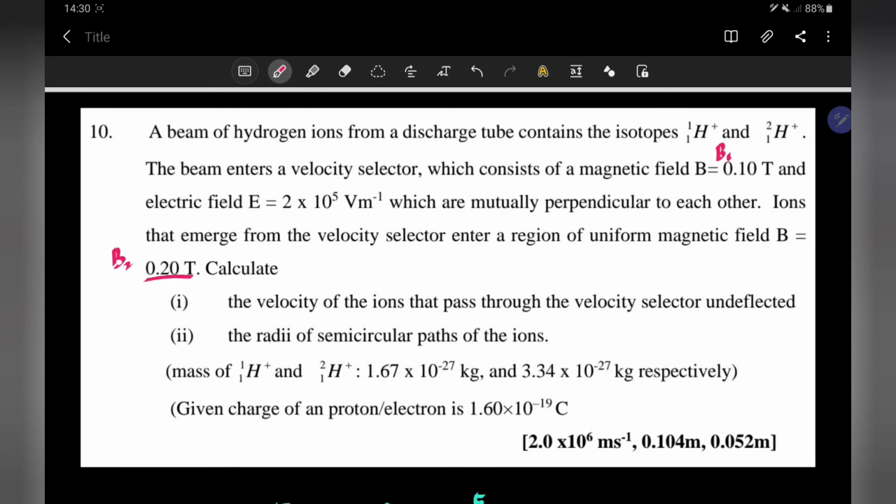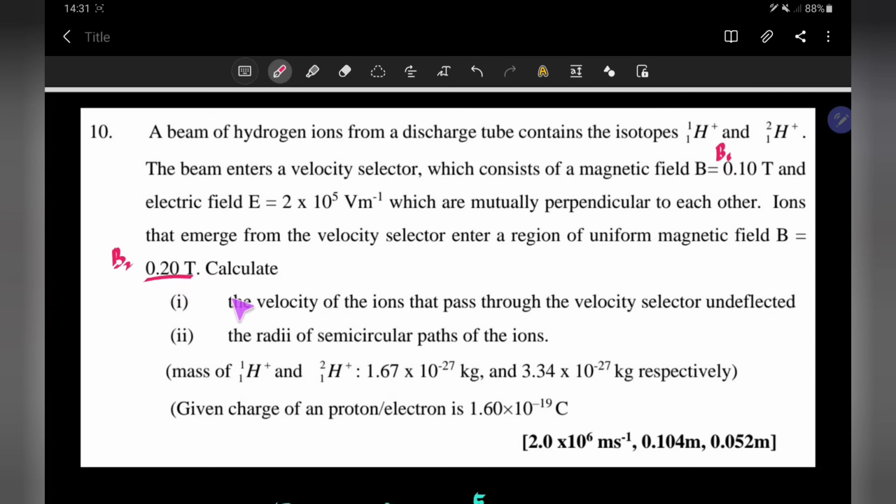In the evacuated chamber we have one field only, which is B. In the velocity selector, we have two different fields, B and E, to ensure that the motion of the particle is on a straight line. But in the evacuated chamber, we have B only. Why? Because we have to deflect the particle to be caught by the photographic film, so that we may measure the radius of the circle. Then we may identify what type of particle it is, isn't it?